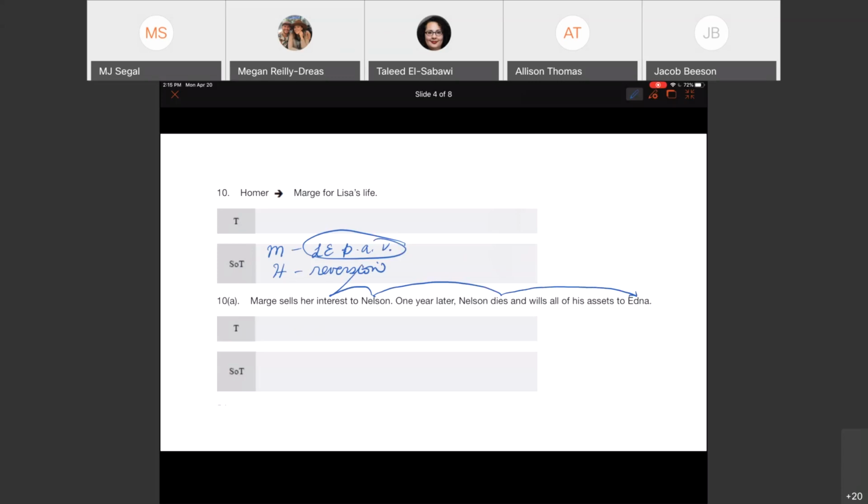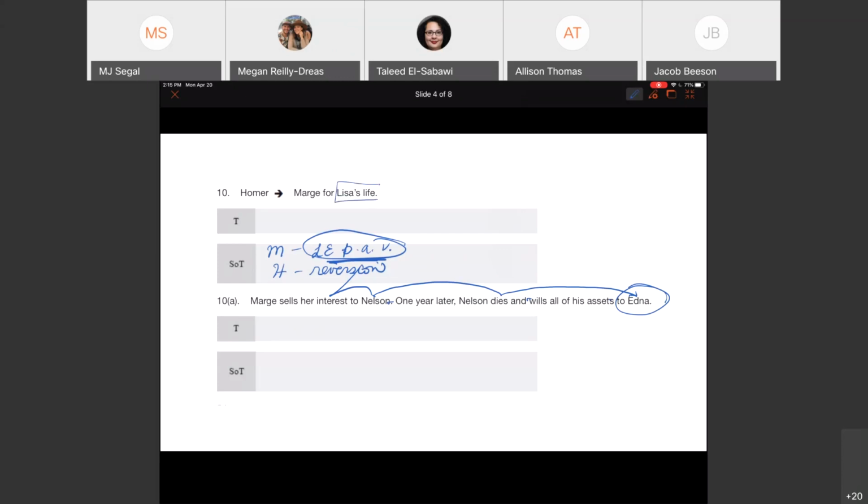Well, as long as Lisa is still alive during this life estate, the estate per autre vie can be transferred all the way over to Edna. When Lisa dies, that life estate ends regardless of who has it, and it goes back to Homer.